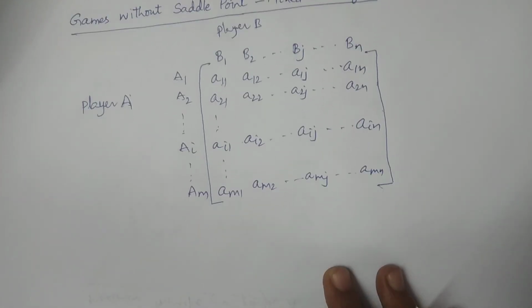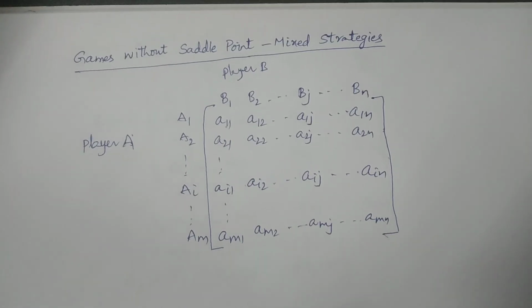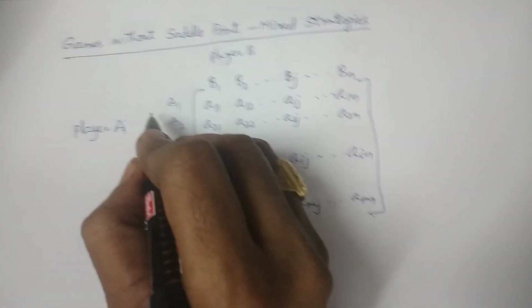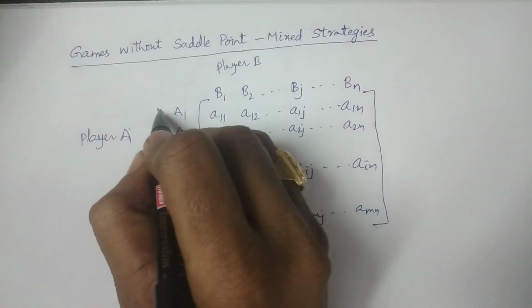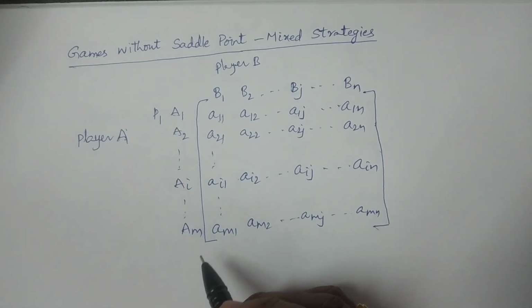Right, for which you have to consider certain probabilities. For example, the p's, that is pi, which are probabilities for player A to select a certain strategy. I consider p1 is the probability, and I'm writing it here for a very important purpose.